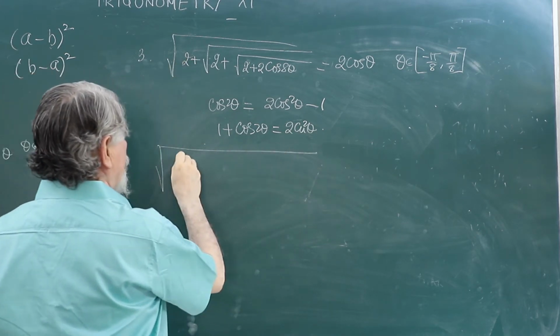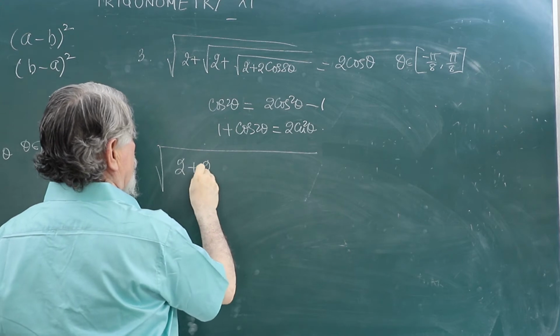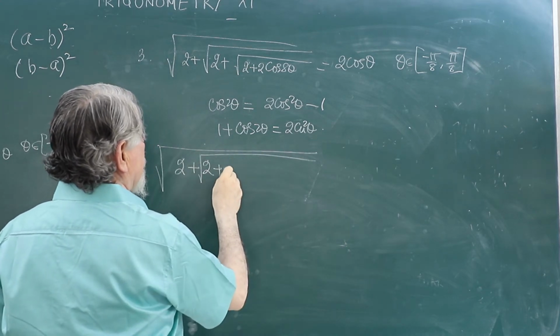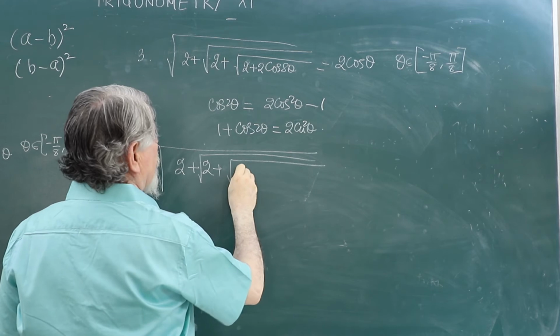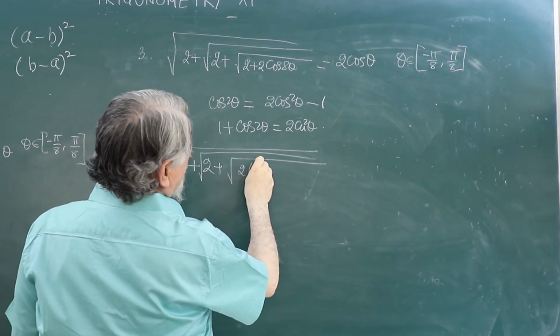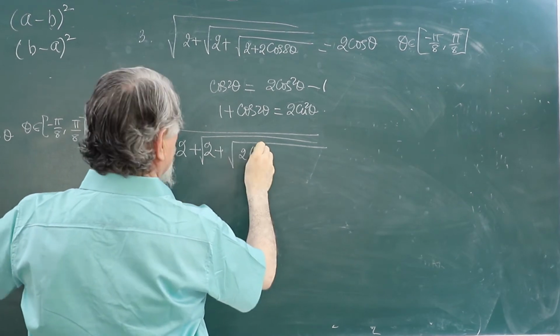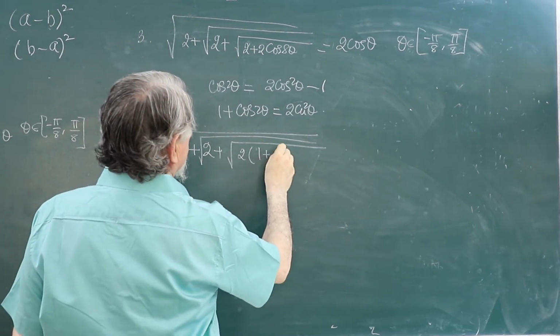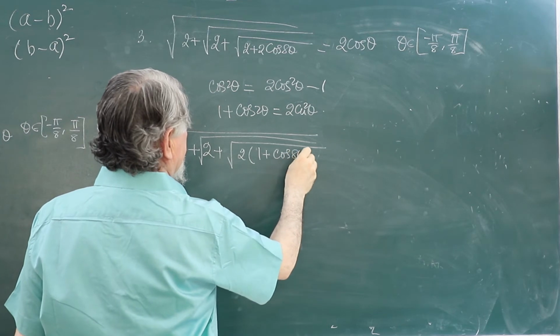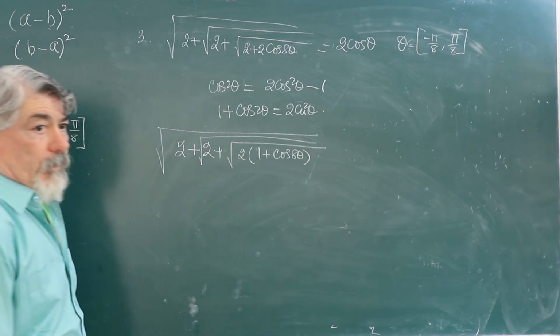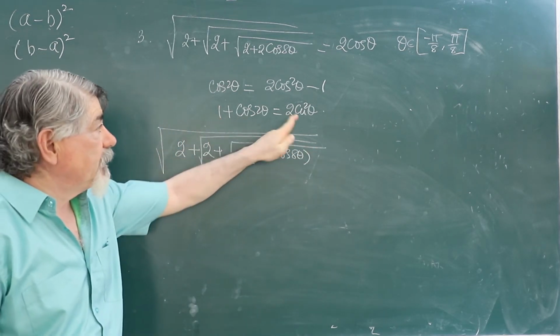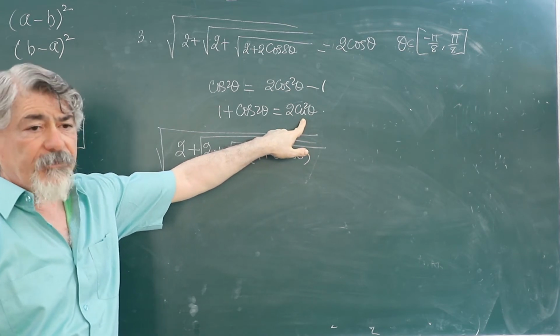Under root 2 plus under root 2 plus, I take 2 common. What will be left? 1 plus cos 8 theta. Now if it was 1 plus cos 2 theta, it was 2 cos square theta, half of that angle.